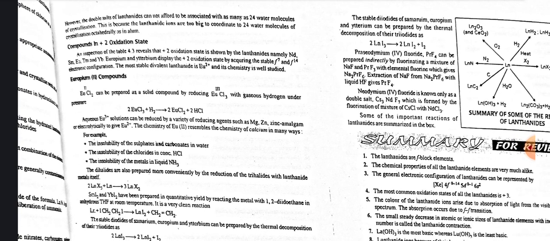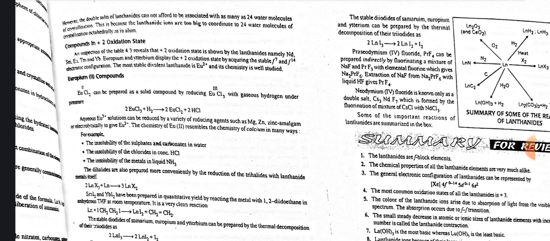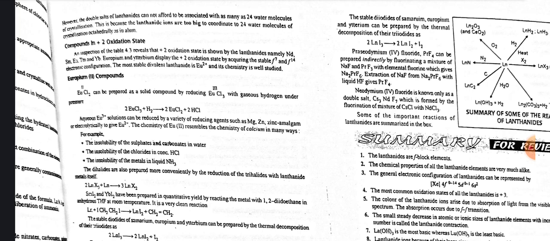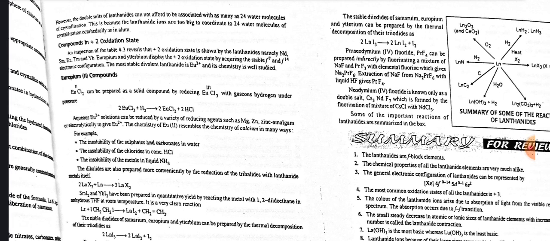Compounds in the +2 oxidation state. The +2 oxidation state is shown by lanthanides, namely samarium, europium, and ytterbium, by acquiring the stable f electronic configuration. Equivalent compounds such as EuCl2 can be prepared as a solid compound by reducing EuCl3 with gaseous hydrogen under pressure.